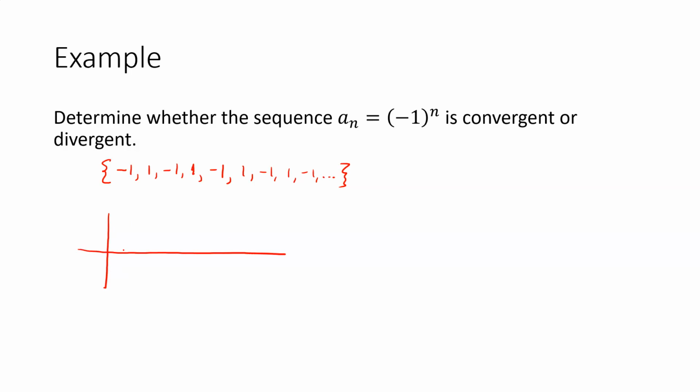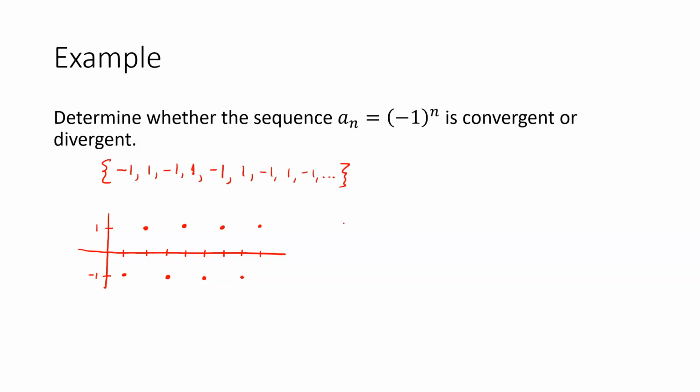So it just jumps back and forth between -1 and +1, but does not appear to get any closer to one particular value as the sequence progresses. Right? There's no value that these terms are closing in on.